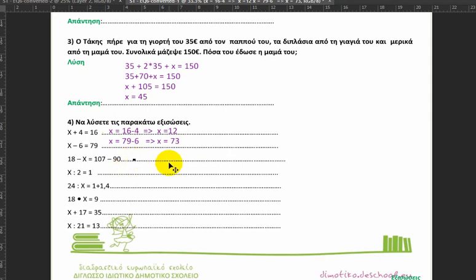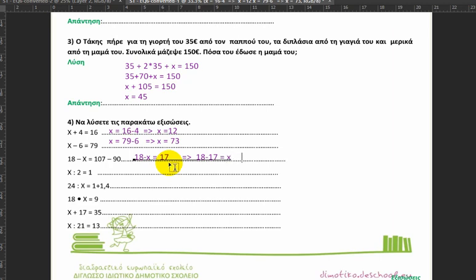18 minus x is equal to 107 minus 90. It's going to make 17. Therefore, 18 minus 17 equals x.